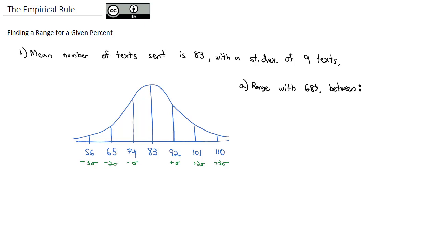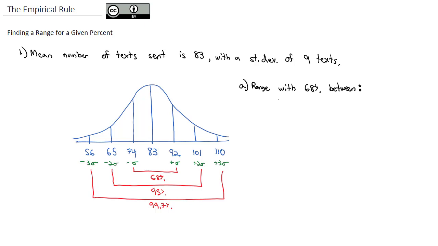Because I know from the empirical rule that 68% of values are between 1 standard deviation, 95% of values are between 2 standard deviations, and 99.7% of values are within 3 standard deviations of the mean. So if I want the middle point where 68% of texts are between, that's 1 standard deviation.